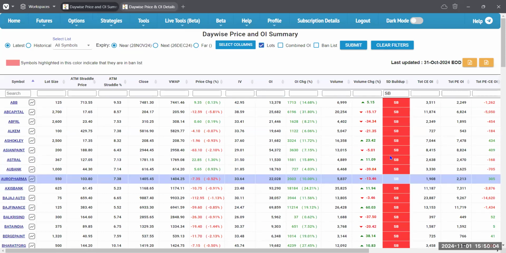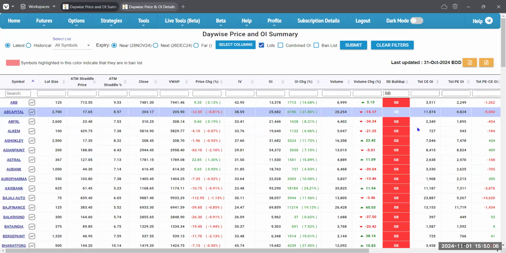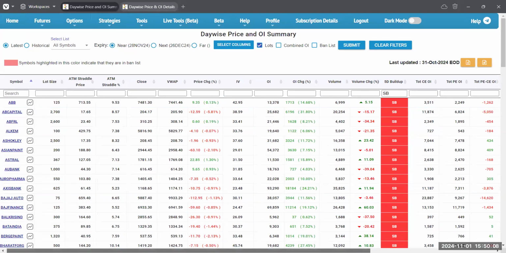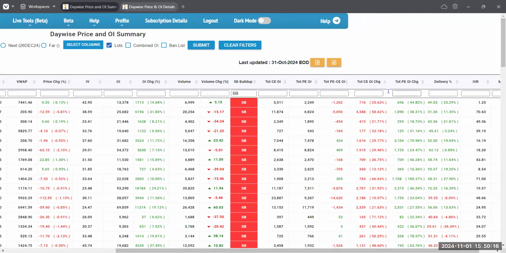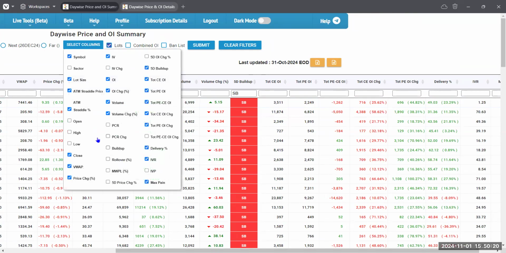There's a lot of data here based on which you can take positions. One is 5-day buildup. Then another is the combination of these, the combination of CEOI change and PEOI change. This again, 1 minute. Over here also, I need to select the same column. I'll remove the Y columns.